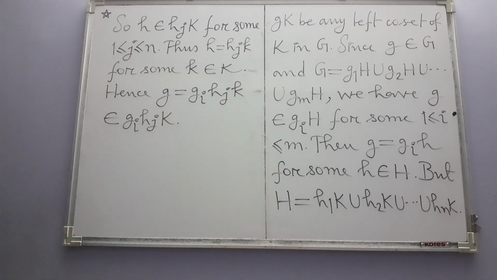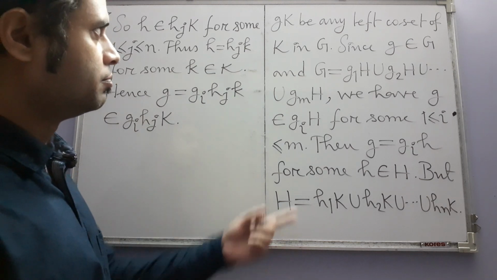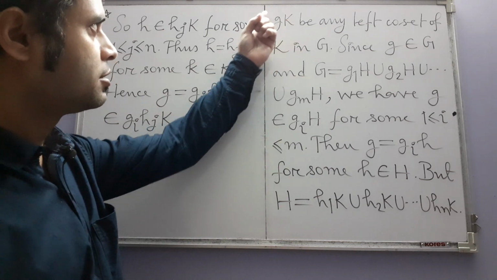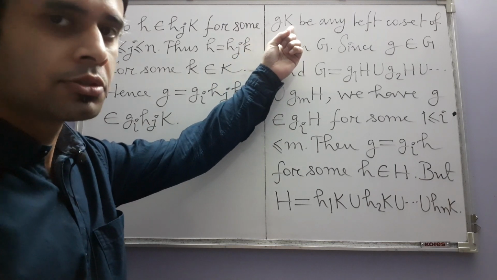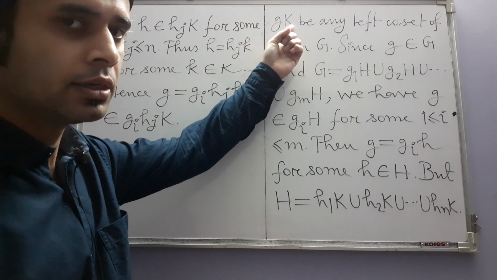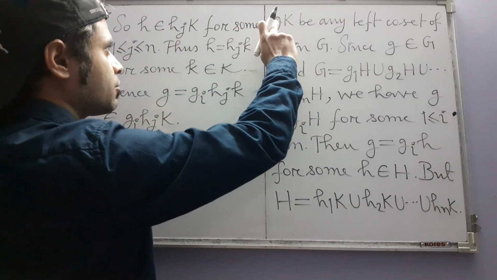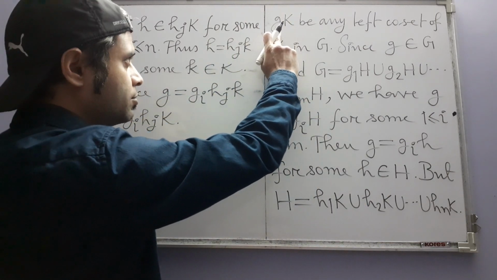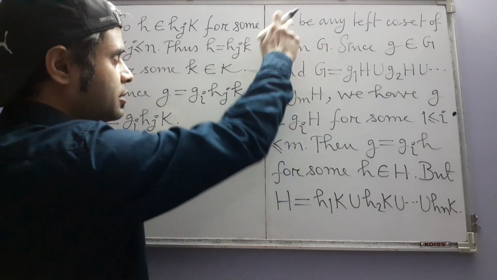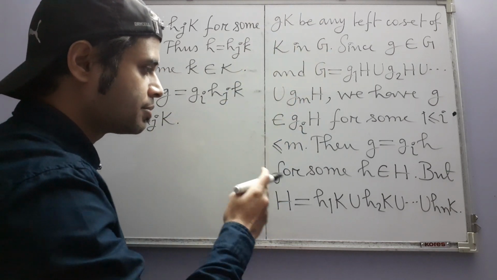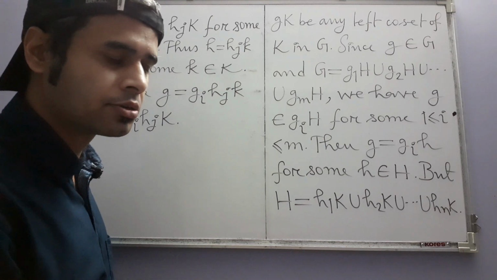Okay, so now you recall that this gK was our arbitrarily chosen left coset of K in G. Now this left coset obviously contains the element g itself, because g appears in this left coset as g times identity, ge. g is equal to ge.